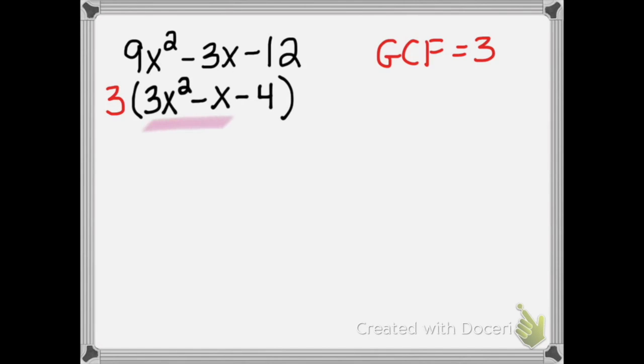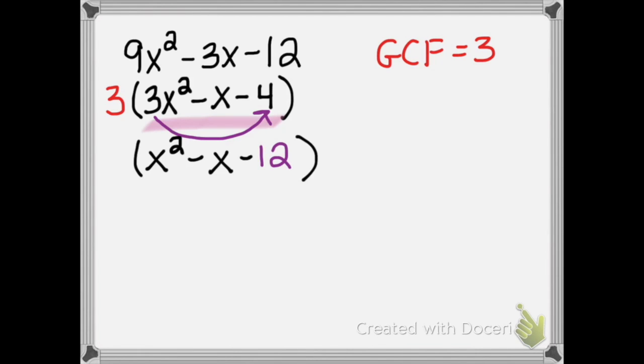And then in this parentheses, I now have a trinomial that I'm going to do that slide divide method. All right, so I'm going to slide the 3 over to the 4, and that's going to give me x squared minus x minus 12, because I'm going to multiply it together.